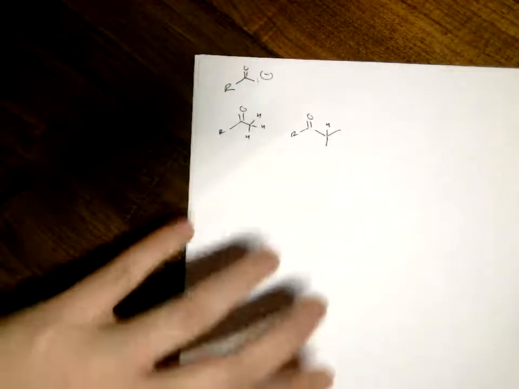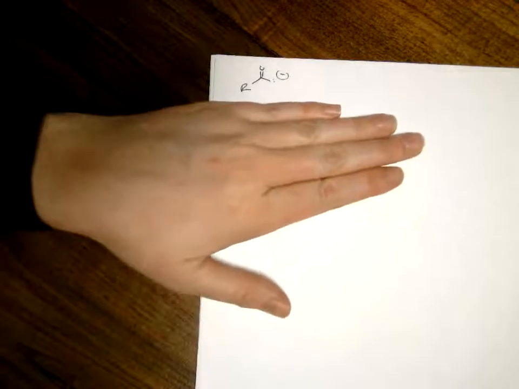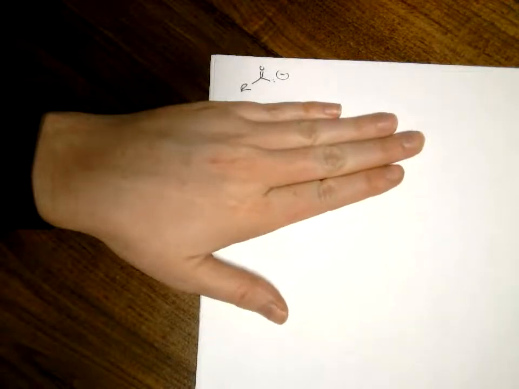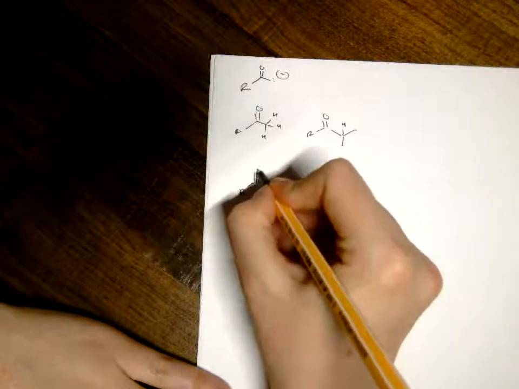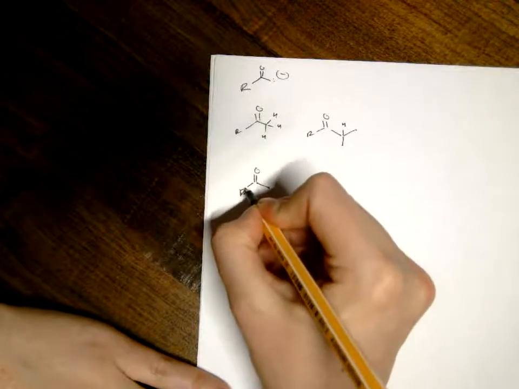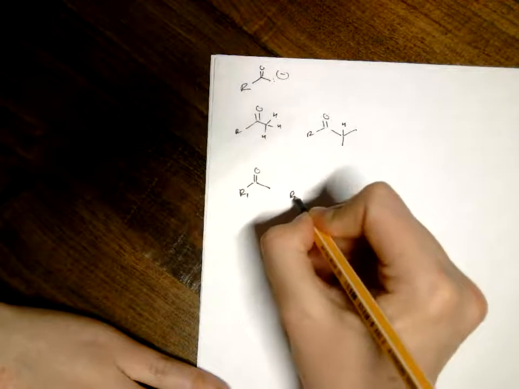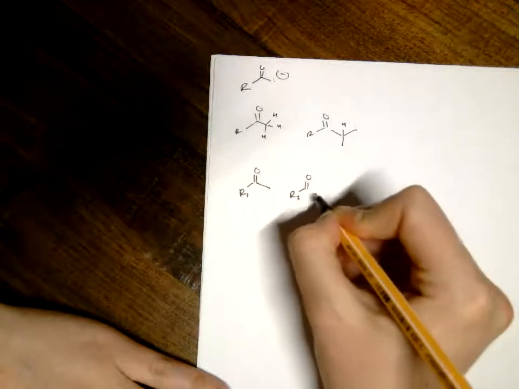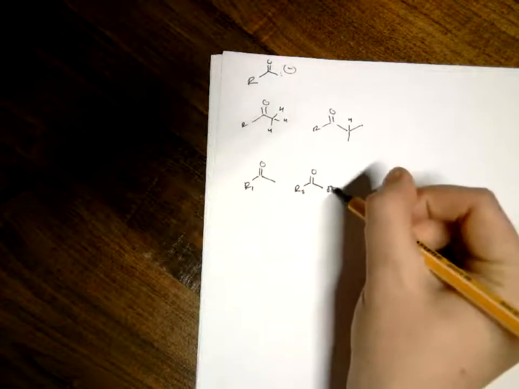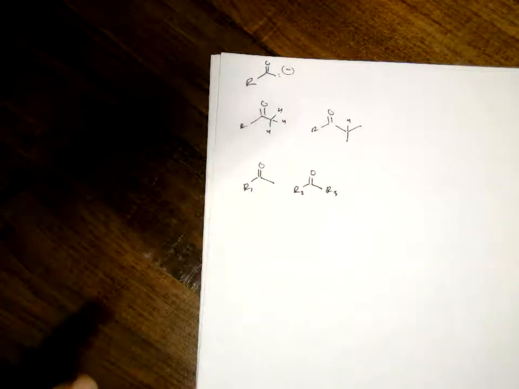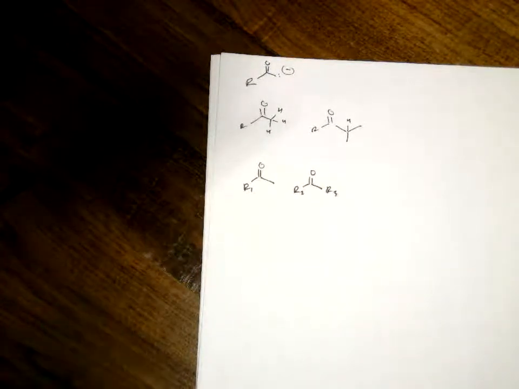But if you can get the basic one down, just having R1 and R prime, I think that's going to be best. So if you could have R1 and R2, and then R3, I think that will be a good place to start.